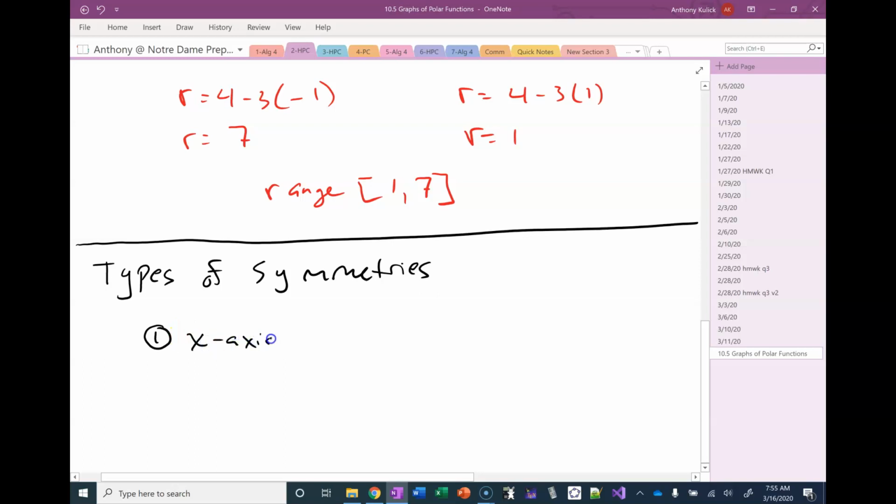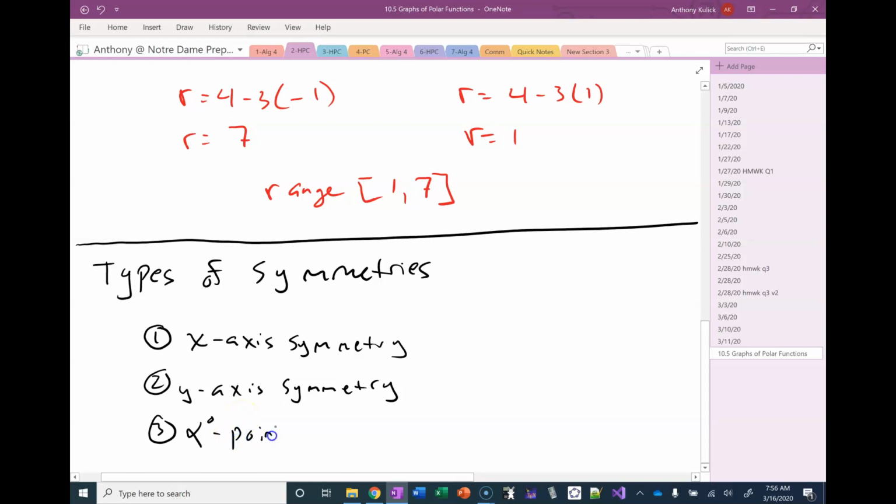We have x-axis symmetry, we have y-axis symmetry, and then we have, with an angle that I'm going to refer to as alpha, point symmetry with respect to the origin. WRT is just my abbreviation for with respect to.